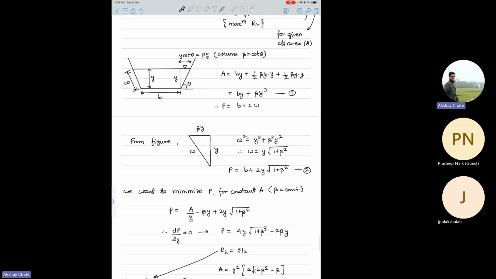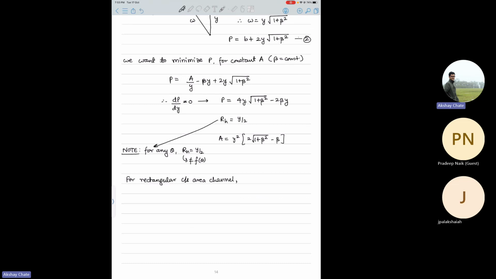And you simplify this for a rectangular cross-sectional flow area channel. See, for a rectangle there will be no theta. There will be vertical walls, theta will be 90, and cot 90 is 1 by infinity, so we assume it as 0.